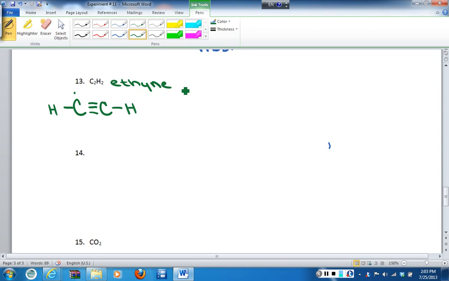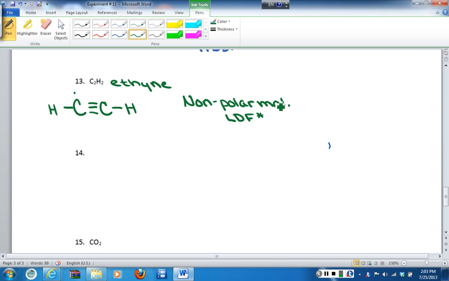And ethane is also a non-polar molecule. There's no net dipole moment, even though it has polar bonds. And therefore, the only intermolecular force present is London dispersion forces. So, we know that this has to be the strongest within the molecule.